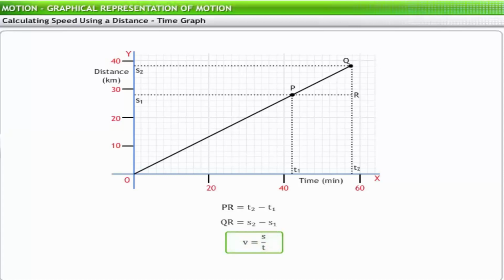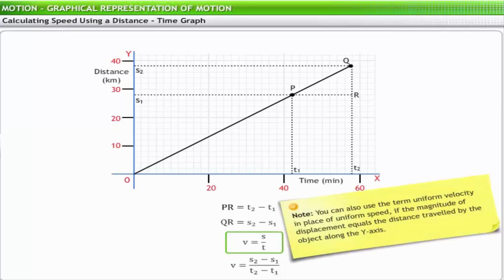Therefore, the speed of an object, v, is equal to (s2 minus s1) divided by (t2 minus t1). Note, you can also use the term uniform velocity in place of uniform speed if the magnitude of displacement equals the distance travelled by the object along the y-axis.